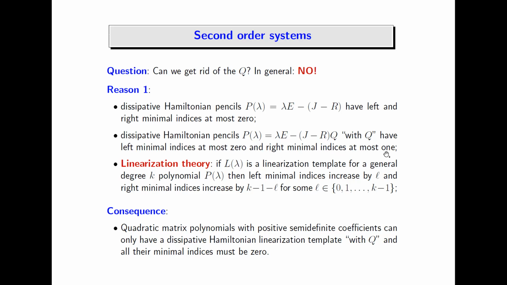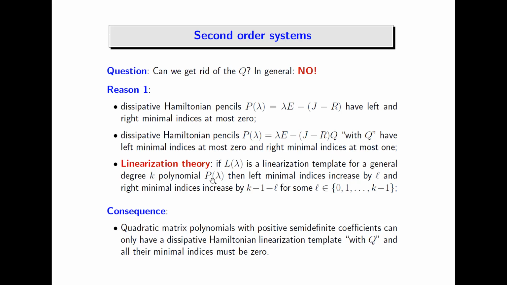And it is important that this is allowed here, because if you would have such a linearization template for a general polynomial, then it turns out that the minimal indices will not be exactly the same as those of the polynomial if you have, of course, a linearization that reflects the structure.